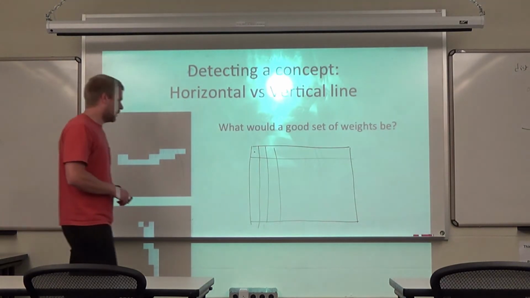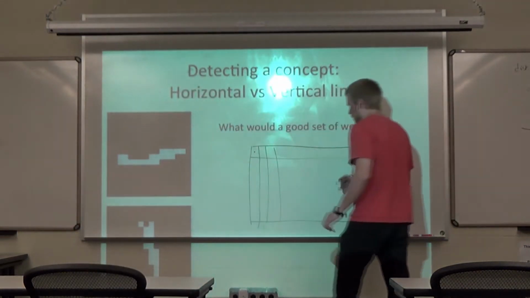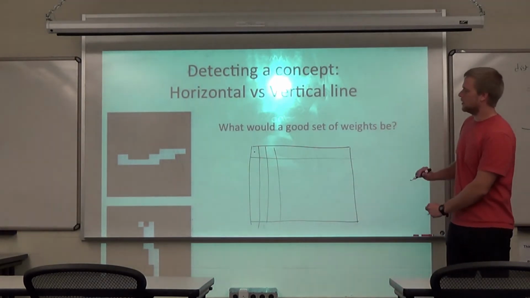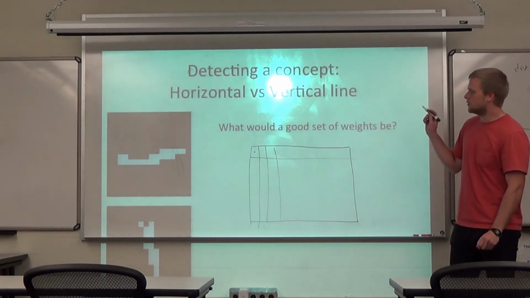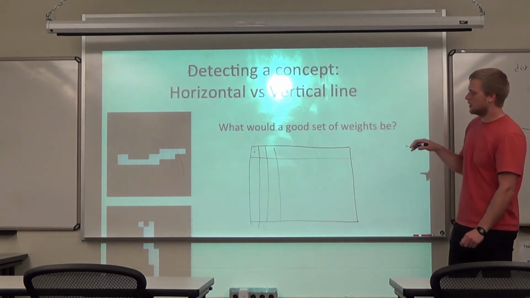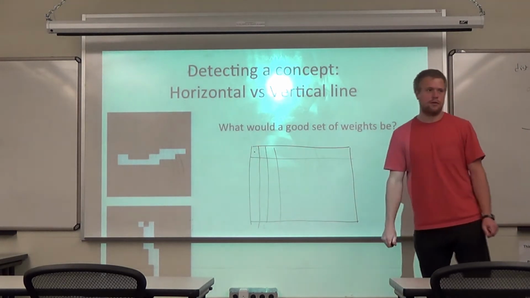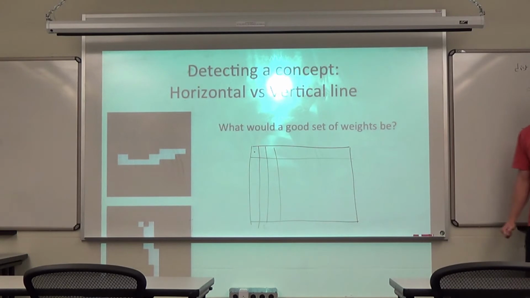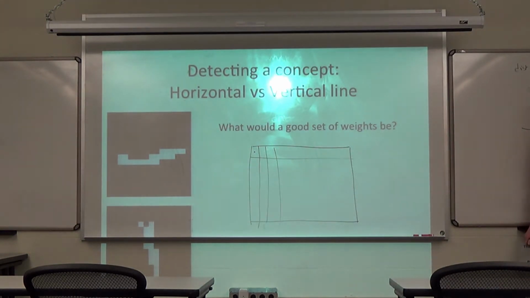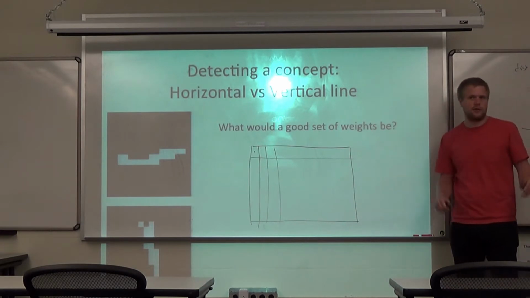What would be a good way to set these weights so that the neuron is close to 1 when it's a horizontal line, but close to 0 when it's a vertical line? They don't need to be exact values, just a general intuition.